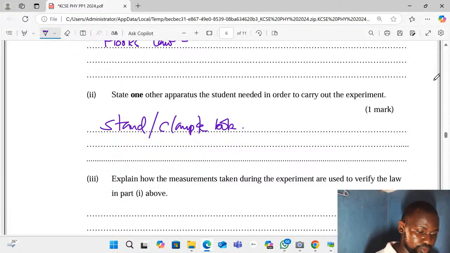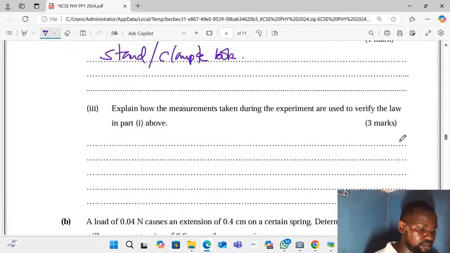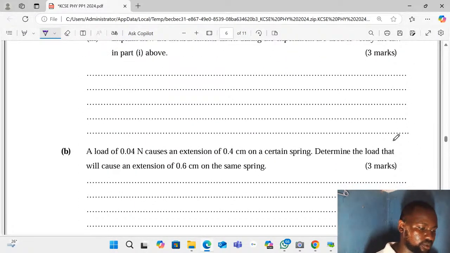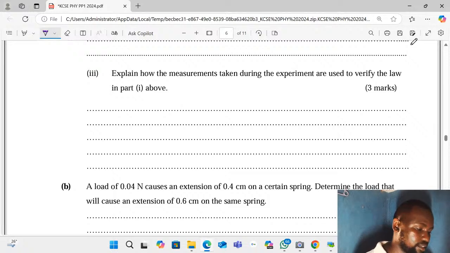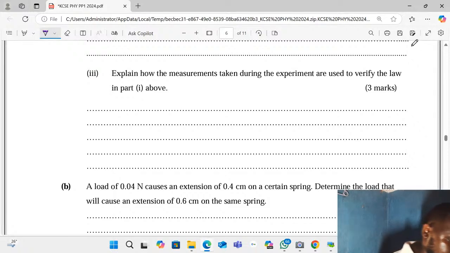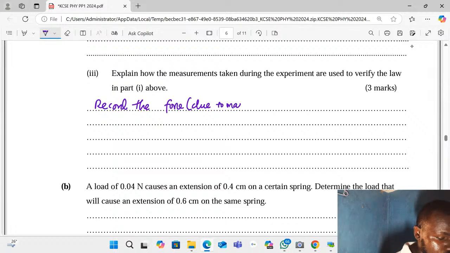Explain how the measurements taken during the experiment are used to verify the law mentioned above. So you must get that law so that now you can understand. Therefore, this is what you can do. Record the force due to masses and the extension caused.